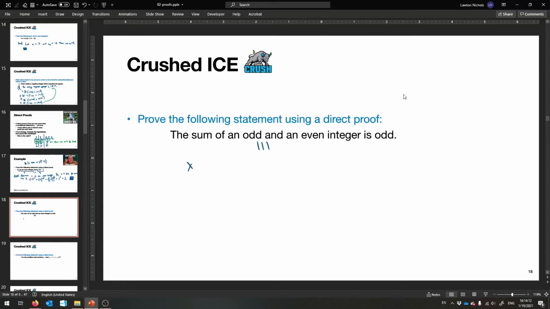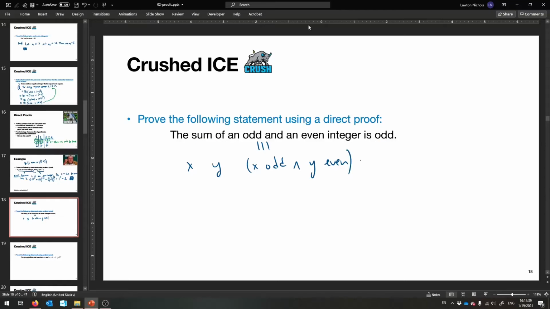We have an x and we have a y. Let's say x is the odd one and y is the even one. Okay? And y is even. And we want the sum of them to be odd.